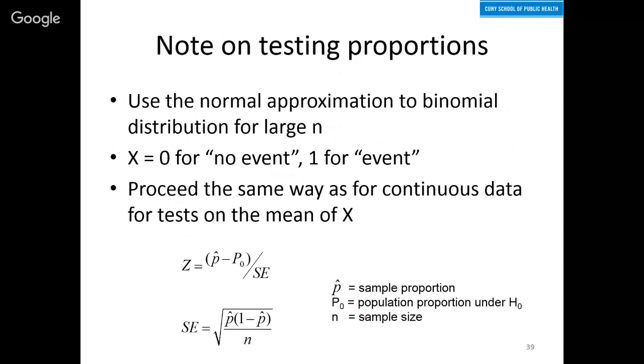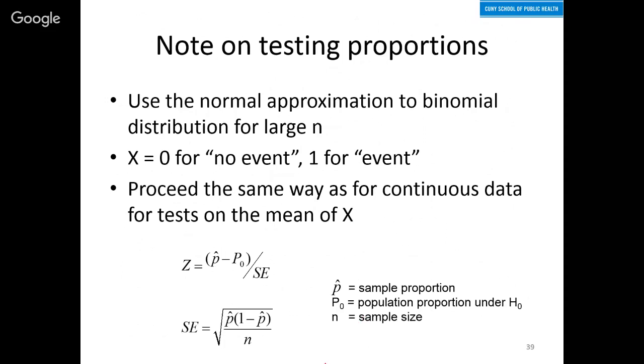I just want to make this note on testing proportions that, as I noted before, you can think of testing proportions in the same way as you would for continuous data, but using a value of 0 for no event and a value of 1 for an event, so that the mean is a proportion.